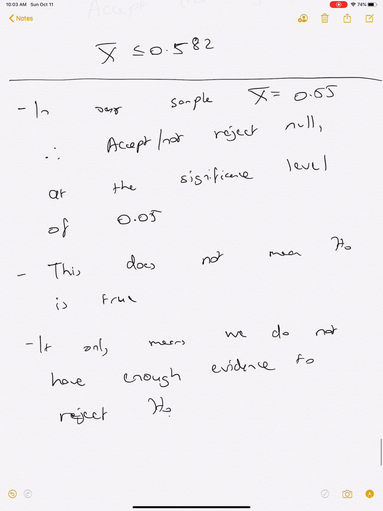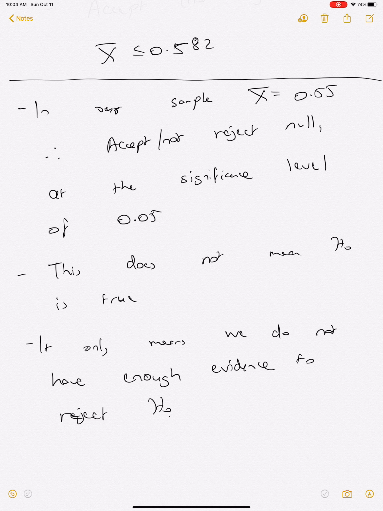And that's a really important distinction. By accepting H naught, or by not rejecting H naught, we're not claiming that it's true. We're just saying we don't have enough evidence. So for example, in this voting case, you might say, well, because we only had a sample size of 100, that was not enough evidence.